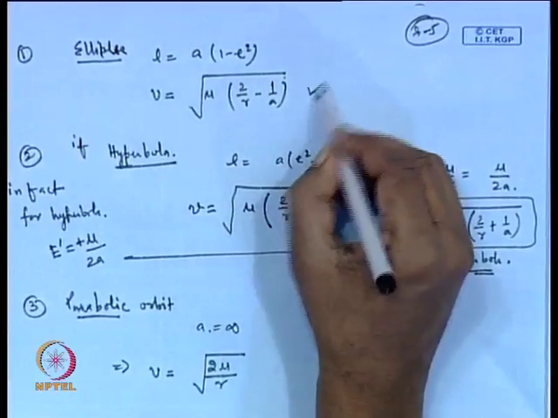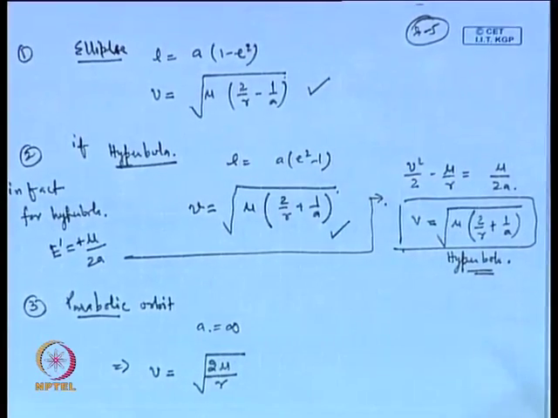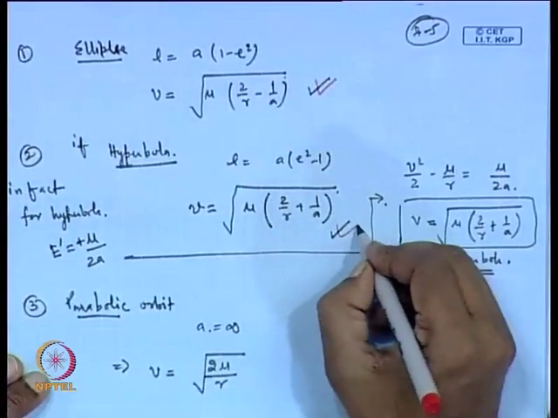So, we have seen here how to find the velocity of the particle in the orbit. Now, this relationship that we have derived is very important and serves many purposes. And this is the most handy equation.